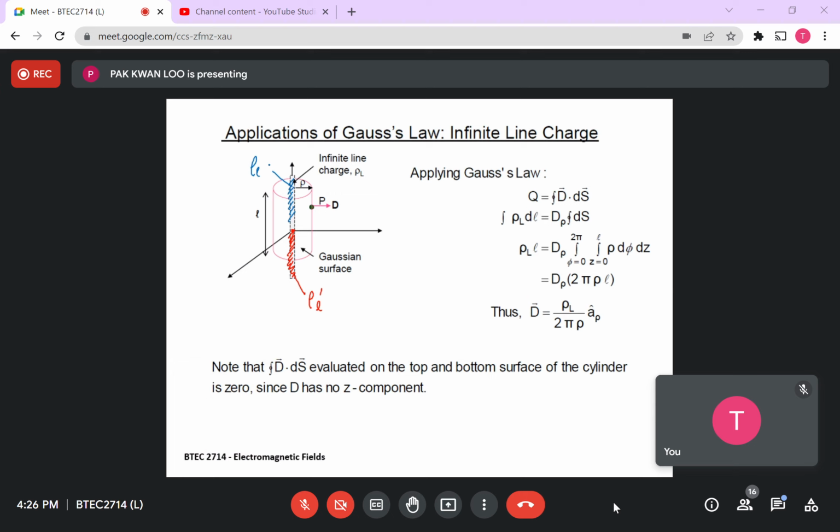Now it is impossible to calculate the electric field at any point using Gauss's law, because it is quite difficult to choose a Gaussian surface that caters for this charge distribution.